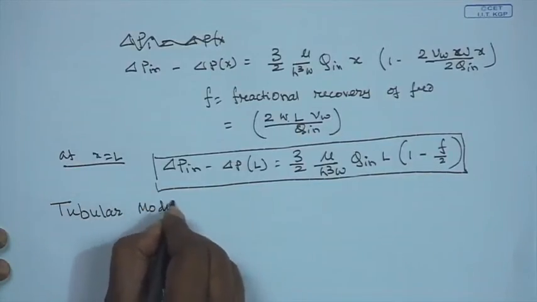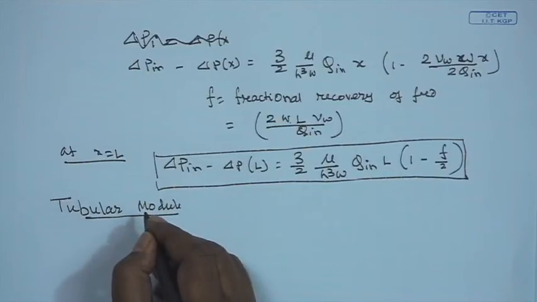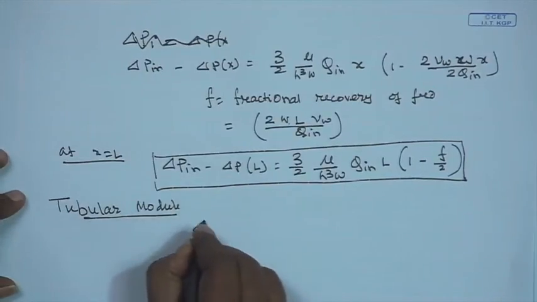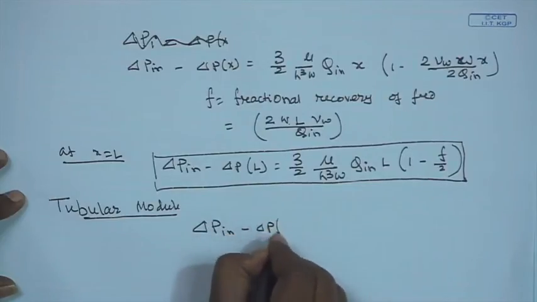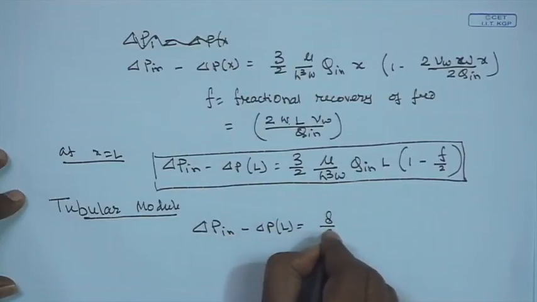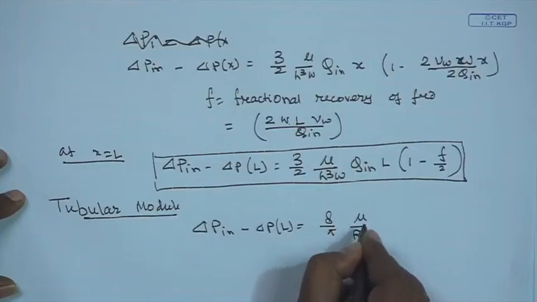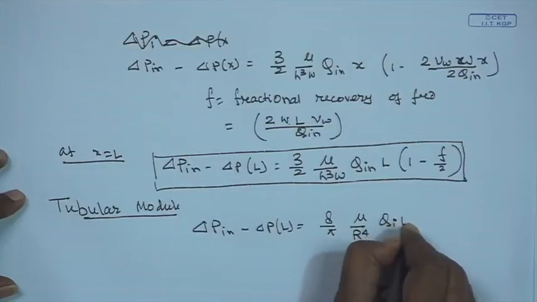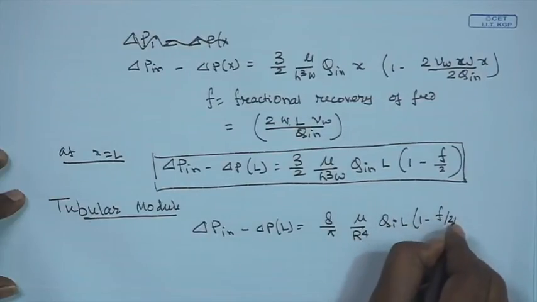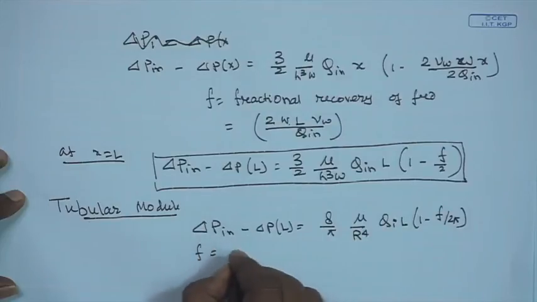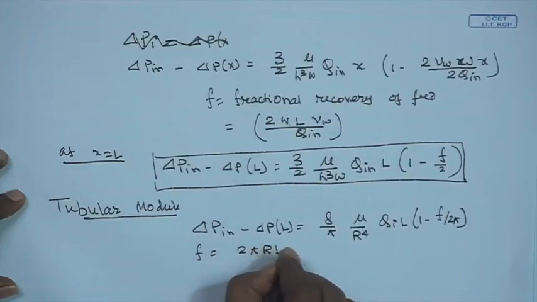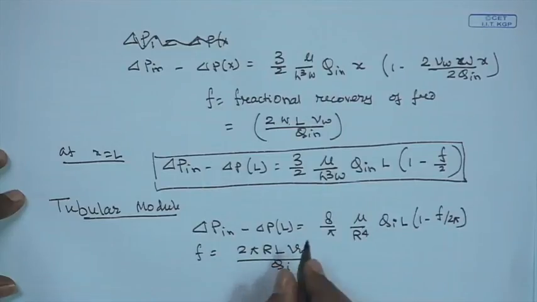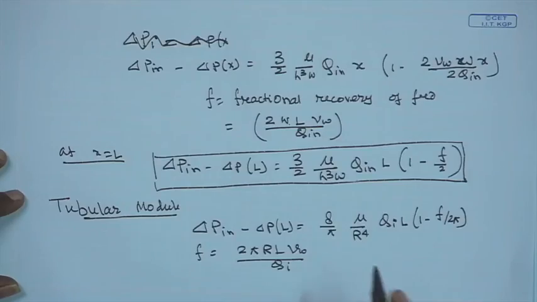For the tubular module, we can get the expression of the pressure drop: Δp in minus Δp L is equal to 8μ/(π r⁴) q in L times (1 minus f/2), where r is the radius of the module, and f is the fractional recovery, f = 2π r L V_w divided by q in. The total surface area is 2π r L, and that multiplied by the permeate flux V_w is the total permeate flow rate, divided by the total flow rate going into the system, which gives the fractional recovery.